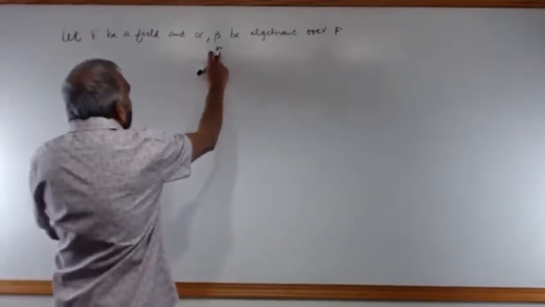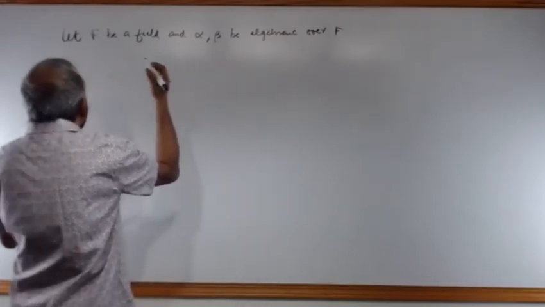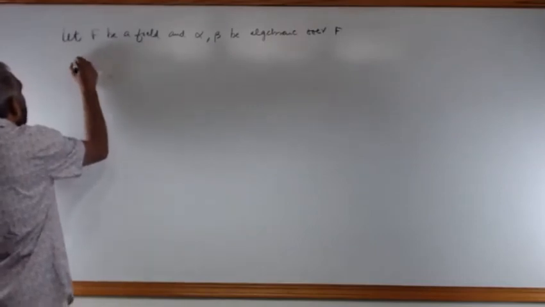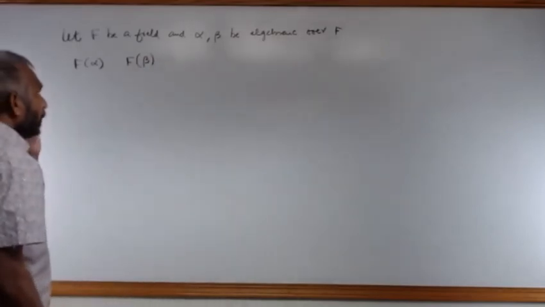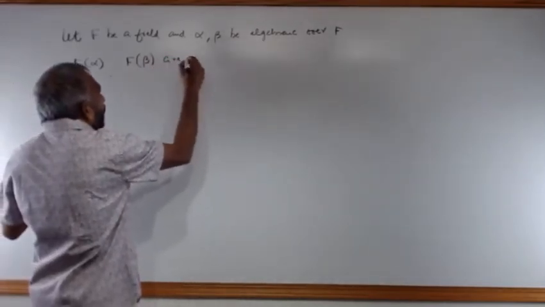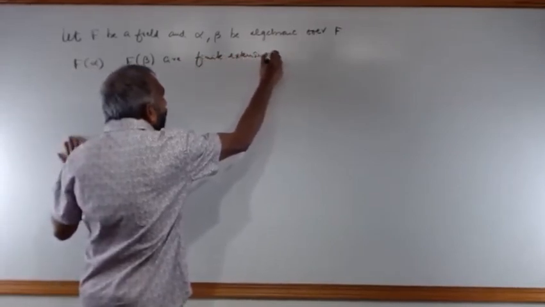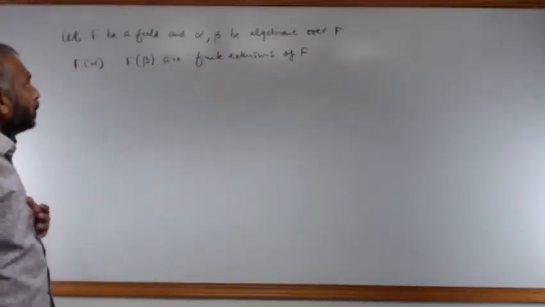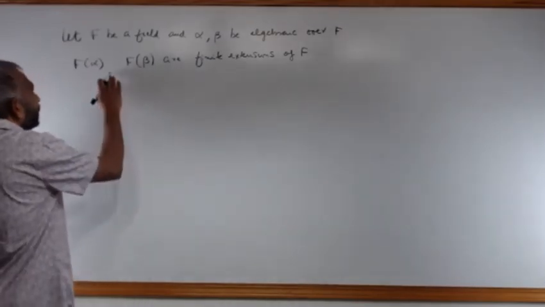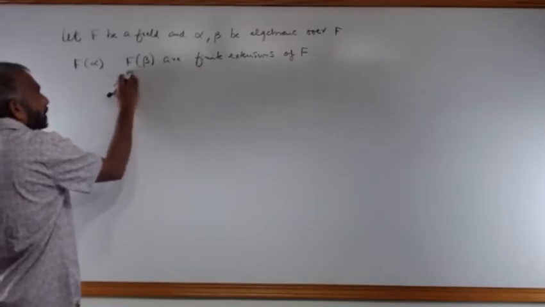Since alpha and beta are algebraic over F, then F(alpha) and F(beta) are finite extensions of F. So the good way of finding out the necessary and sufficient condition is whether any kind of isomorphism exists between these two.